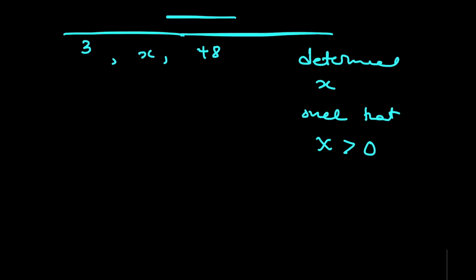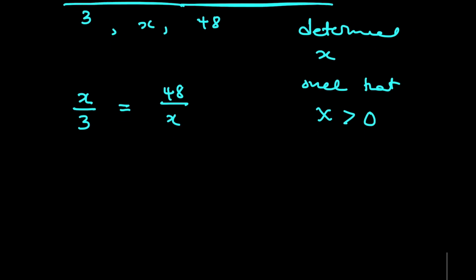So same principle. T2 over T1: T2 is x, T1 is 3. This should equal 48 all over x, right? So if you cross multiply, it's going to be x squared is equal to 48 times 3. That equals 144, right?